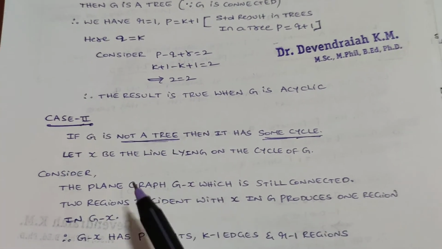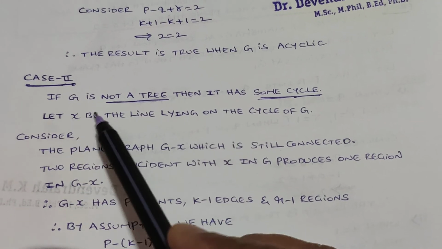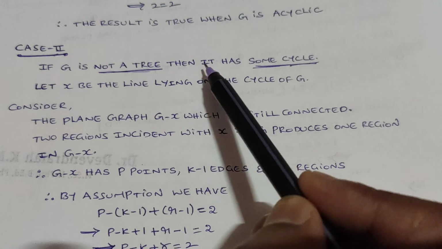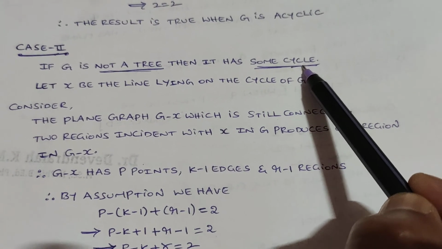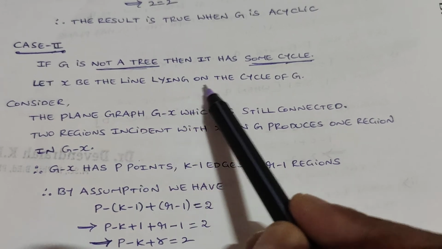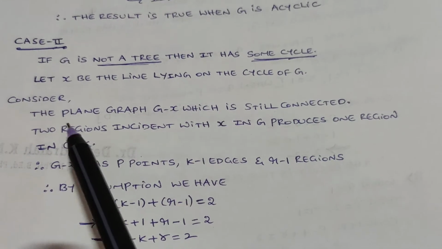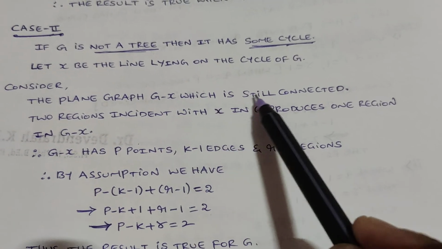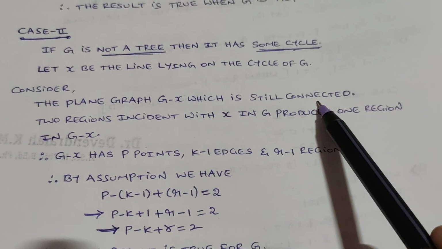Let us observe case 2. If G is not a tree, it means it has some cycle. Therefore, let X be a line lying on a cycle of G. Consider the plane graph G minus X, which is still connected.